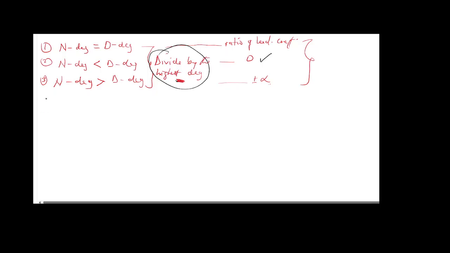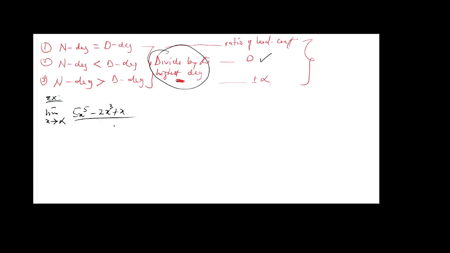If you are asked to evaluate the limit as x approaches infinity of 5x to the power of 5 minus 2x cubed plus x all over 3x squared minus x plus 4, you may pause the video and try your hands on this.